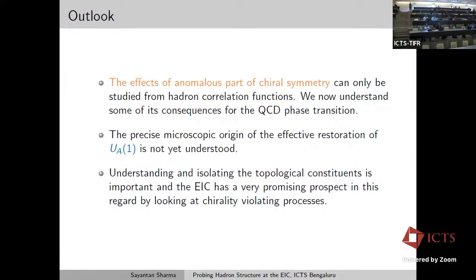Just a couple of years ago, we had a work where we looked at the U_A(1) restoration, in the continuum, finite, infinite volume, chiral limit, all possible kinds of extrapolation, everything. And we looked at not only the eigenvalue distributions, but also their dependence on the mass by computing the derivatives with respect to mass, two derivatives.